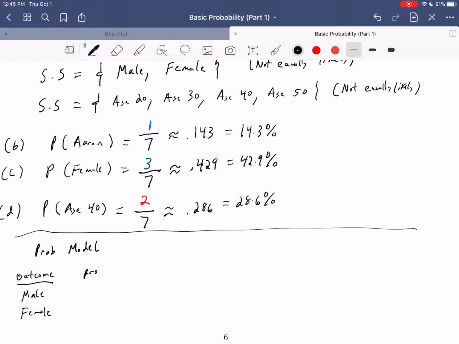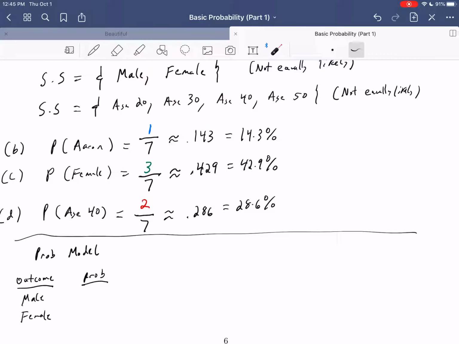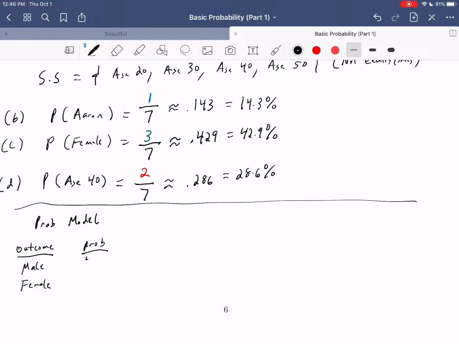And what are those probabilities? Well, like we said, the probability for male would be Aaron, Bob, Dave, Frank. So that would be 4 out of 7. And the probability for female, well, we calculated that was 3 out of 7. So this would be a way of writing out a probability model where the important result was their gender, either male or female, probability 4 out of 7, 3 out of 7.